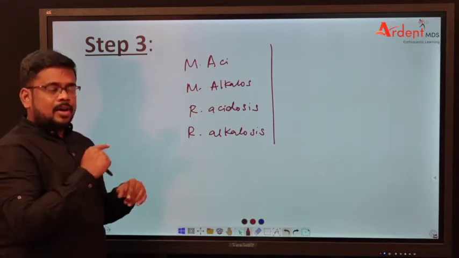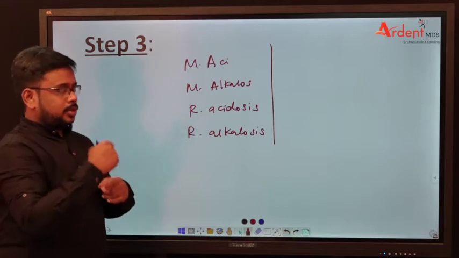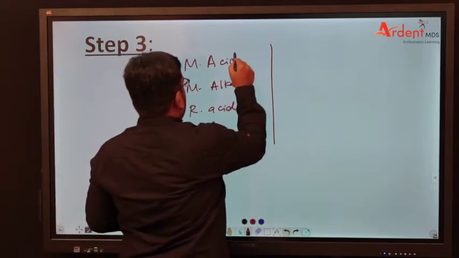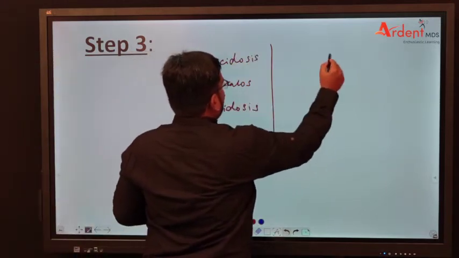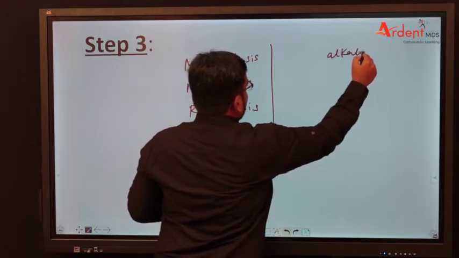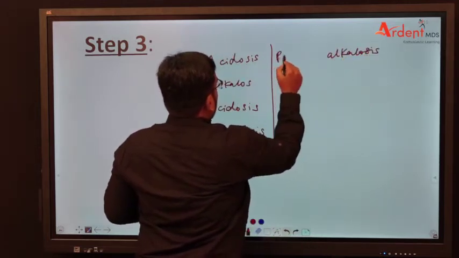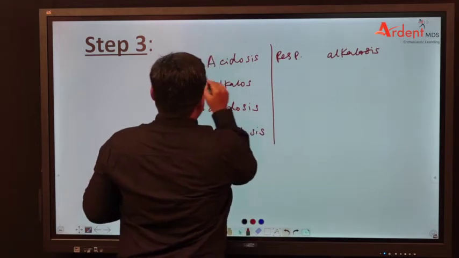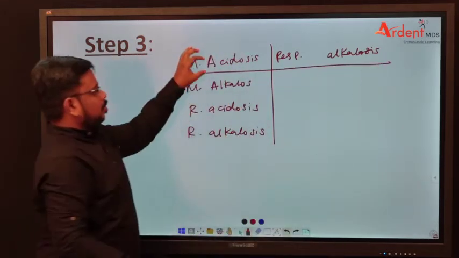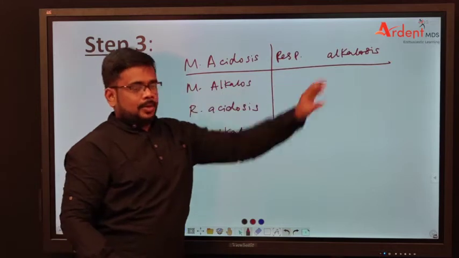Metabolic acidosis is compensated by the opposite. What is the opposite of acidosis? Alkalosis, and respiratory. So the compensatory mechanism for metabolic acidosis is respiratory alkalosis.